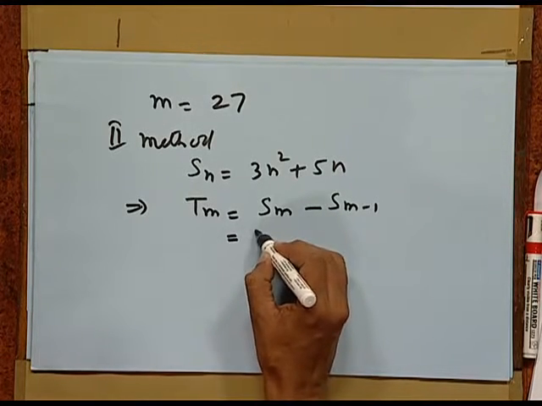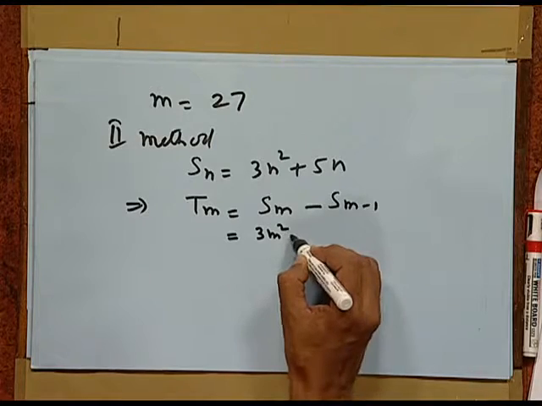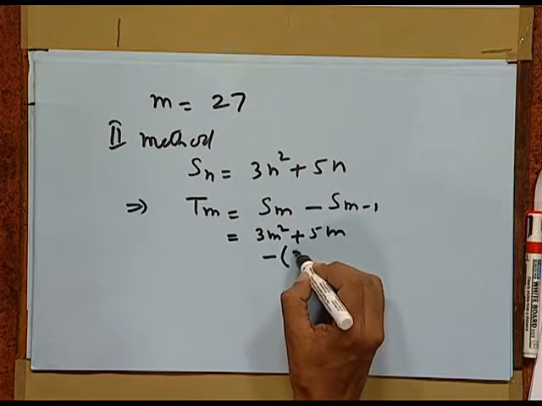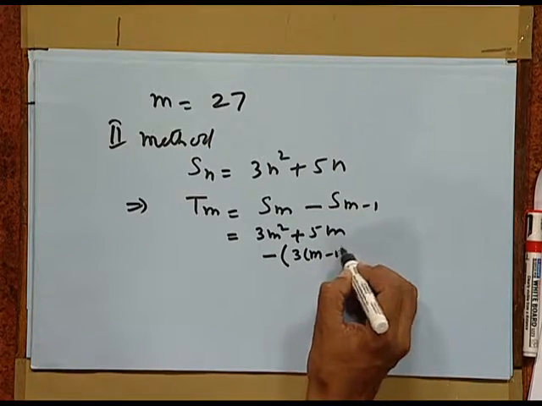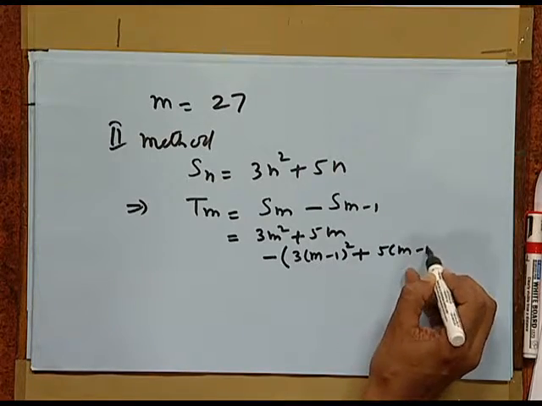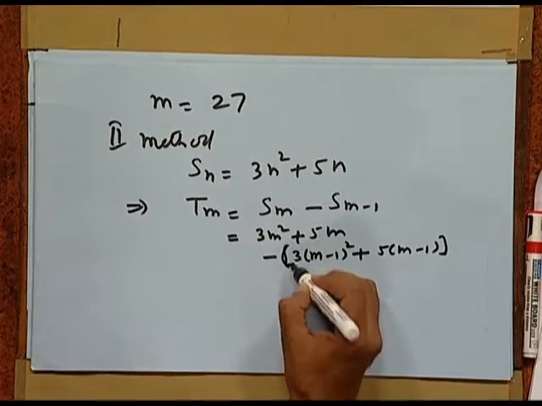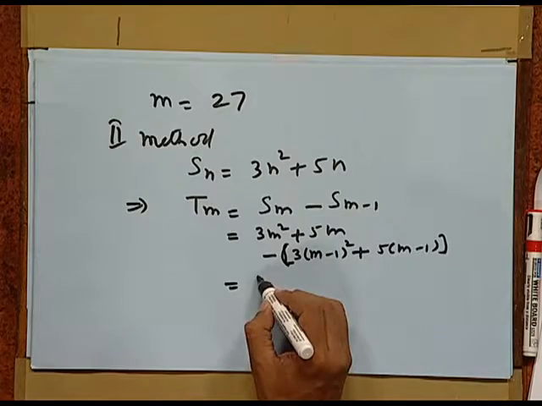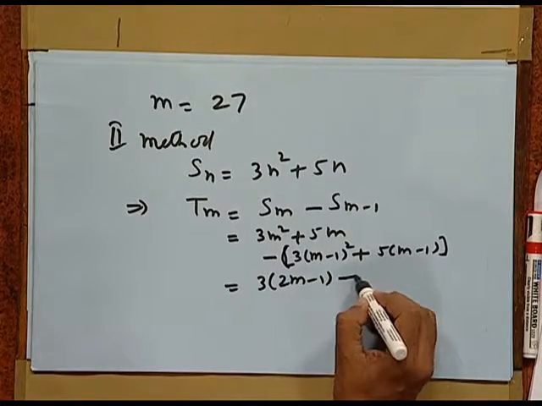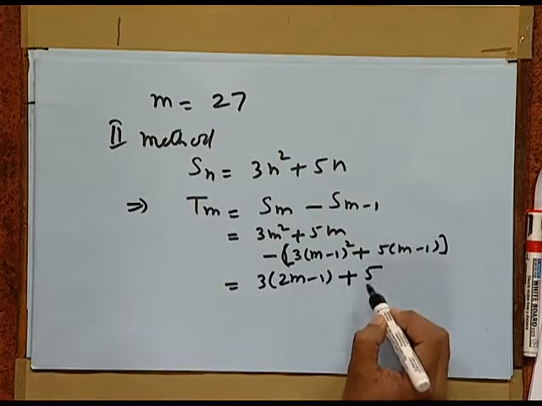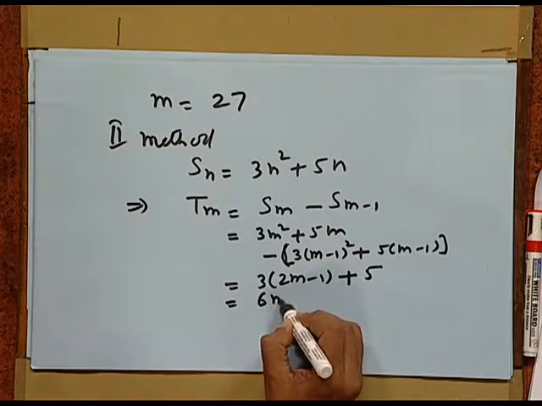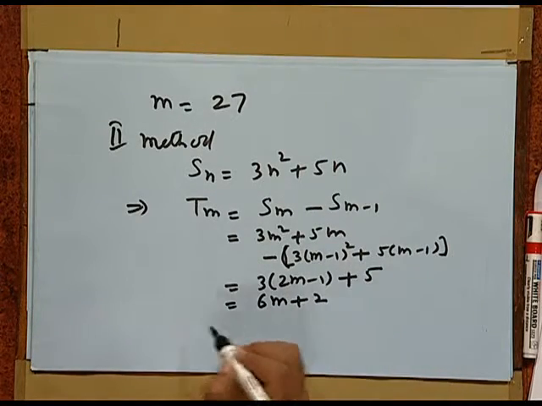That gives 3m square plus 5m minus [3(m minus 1) square plus 5(m minus 1)]. This gives 3 times (2m minus 1) plus 5. That is 6m plus 2.